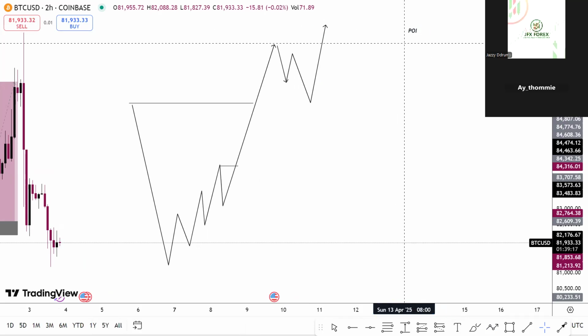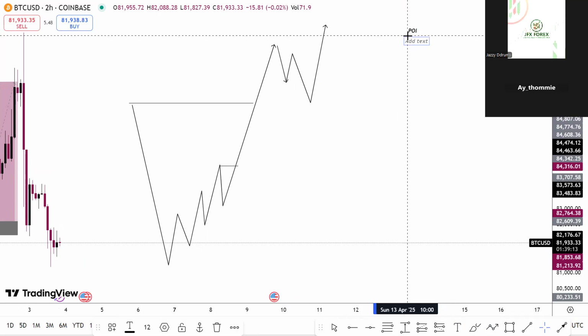So we have the breaker block and the order block entry.